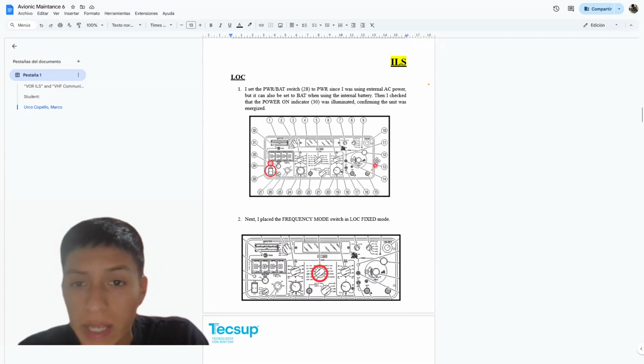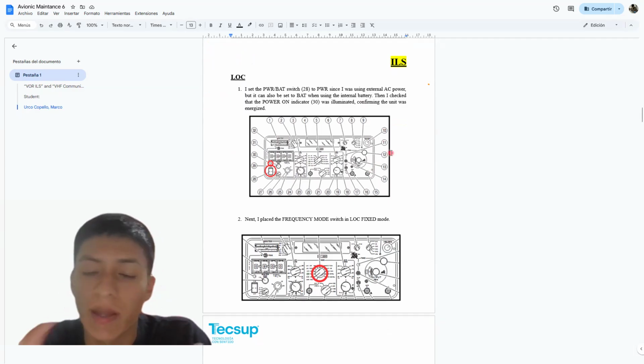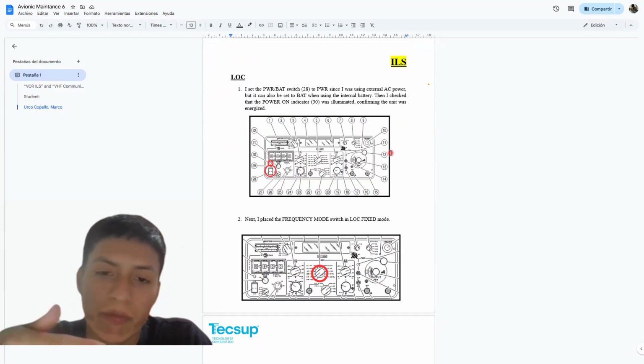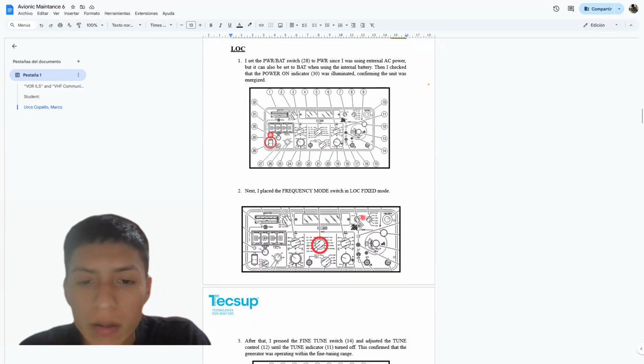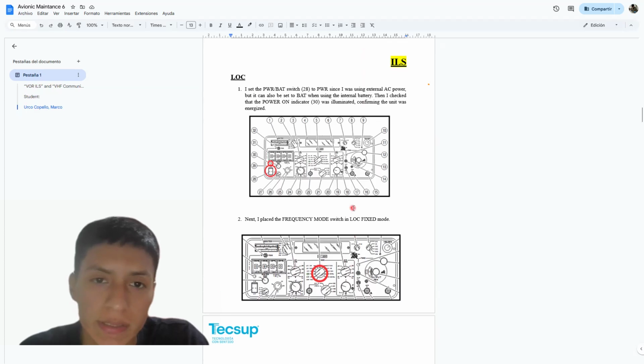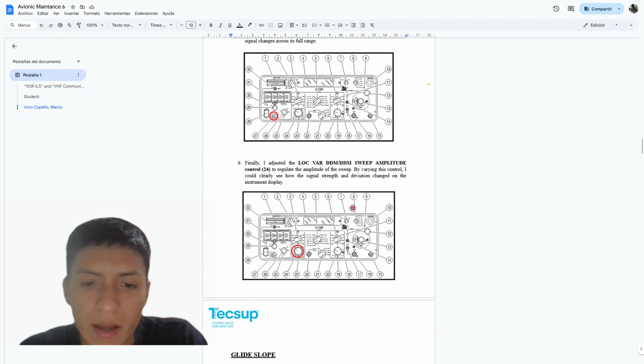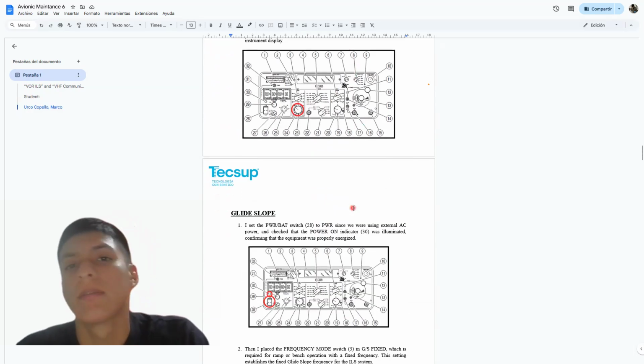In this case, in the NAP 402, I set the points step by step to correctly use the ILS, in this case a localizer. Next, the glide slope.